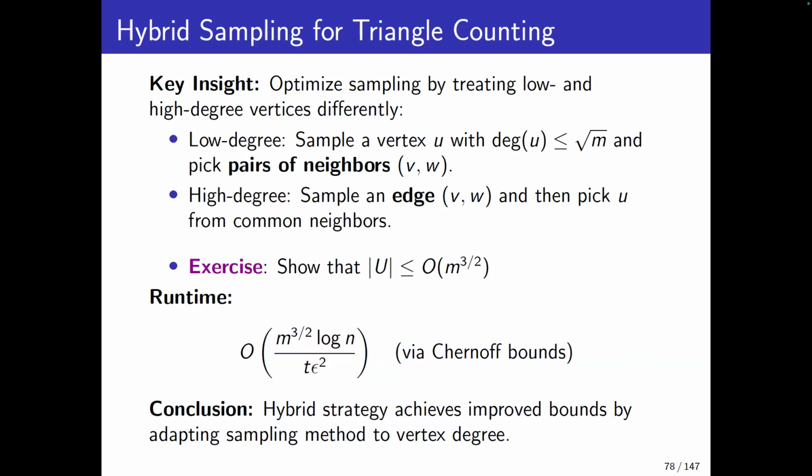If you have a high degree node, let's say with degree greater than square root m, it doesn't make sense to take a pair of nodes because the number of pairs is greater than square root m squared. So in that sense, you take the node and the random edge because there are at most m edges, right? So you balance those two, and it turns out that the number of triples is upper bounded by m to the 3/2. So this n cubed becomes m to the 3/2, and you can prove this via Chernoff bounds.